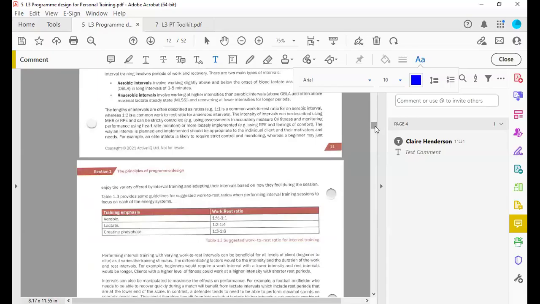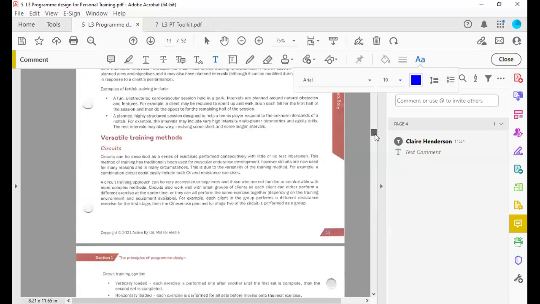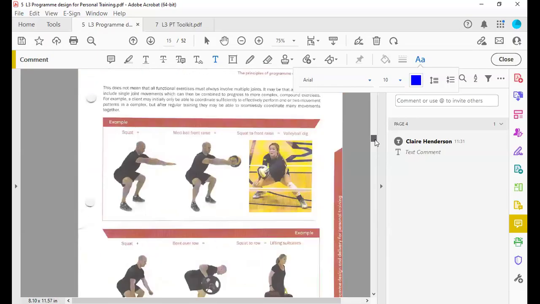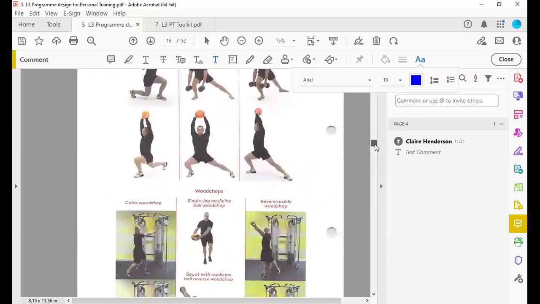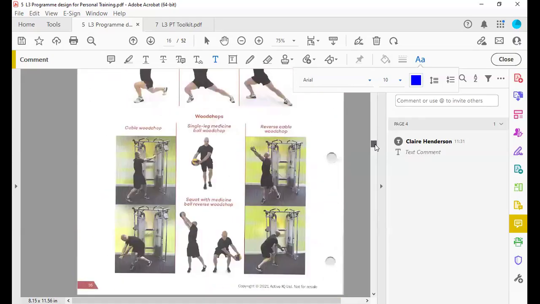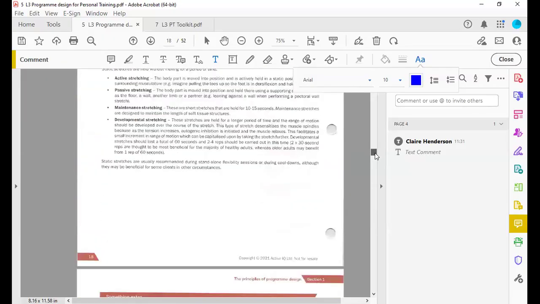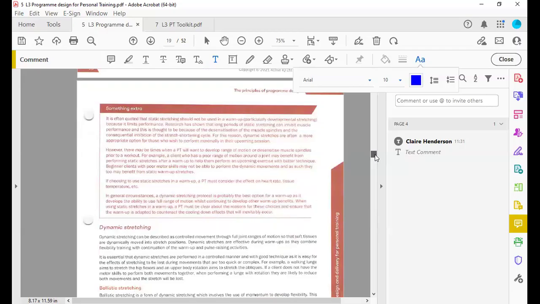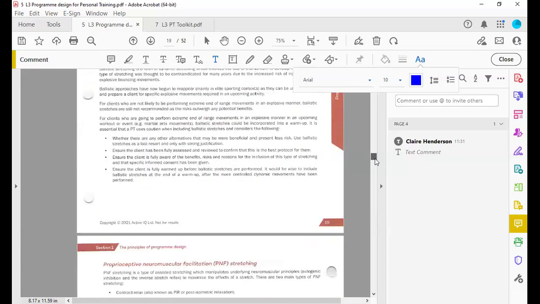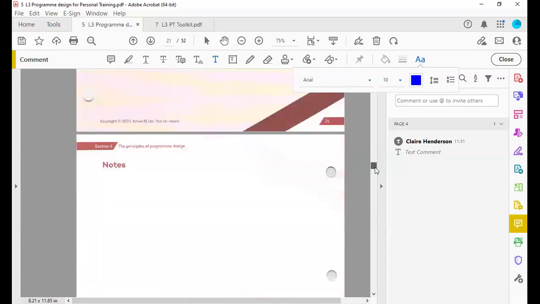For example, 10 seconds on, 30 seconds off. So just a reminder, everyone, before you sit down to write your 12-week plan, you must be comfortable with advanced training methods, percentage 1 rep max, percentage max heart rate, what the different methods are, and what the adaptations and the benefits are of these methods.